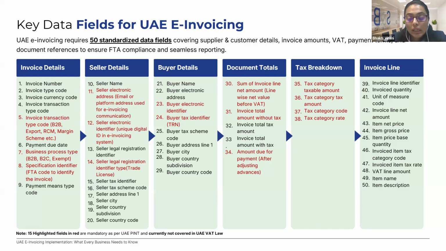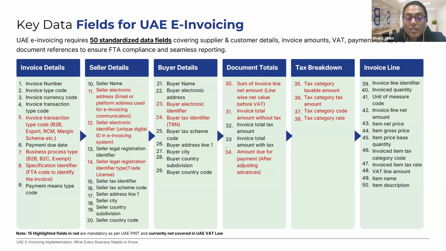If you see on the screen, the 50 data fields plotted can be divided into 6 heads. First is the invoice details, so what exactly an invoice is required to capture. That will cover the invoice number, the invoice type code, the currency in which the invoice is being generated, the category of invoice, whether it's a B2B invoice, export invoice, or RCM invoice, and the payment due date, that is whether it's to be paid within 30 days or 60 days, which generally is being captured in the existing invoices also.